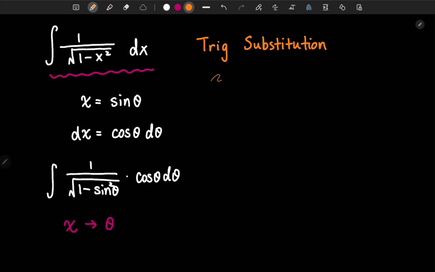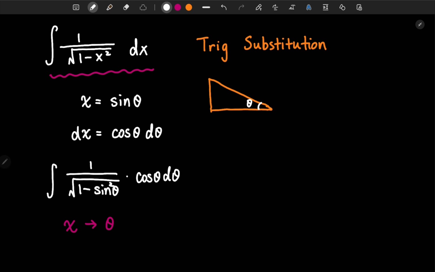So let me draw a triangle here to help us understand how we can simplify this integral further. Let's say we have a right triangle with an angle theta.